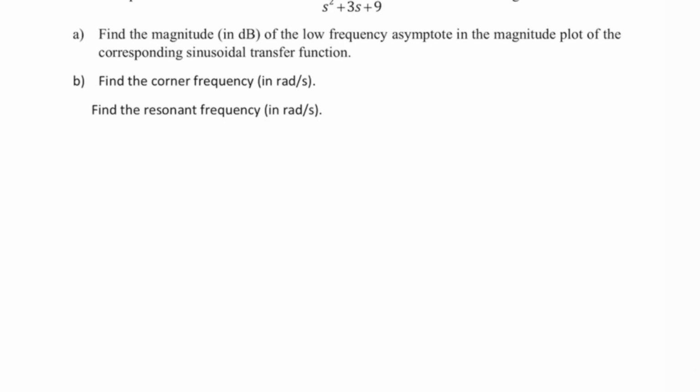We have to find the magnitude in decibels of the low frequency asymptote in the magnitude plot, and we have to find the corresponding transfer function. Then we would find the corner frequency as well as the resonant frequency.